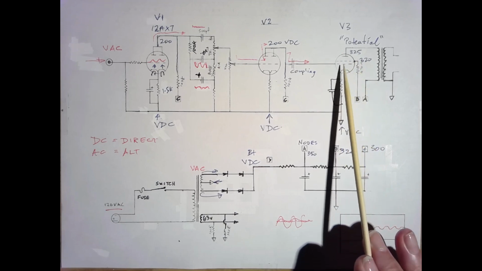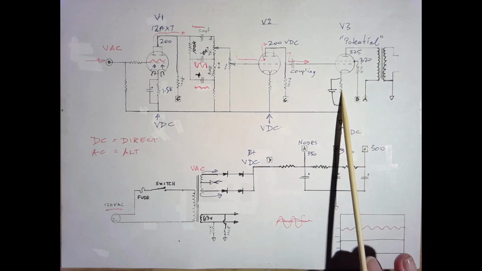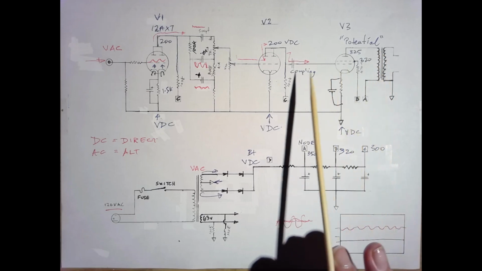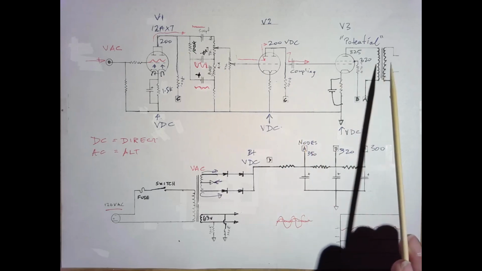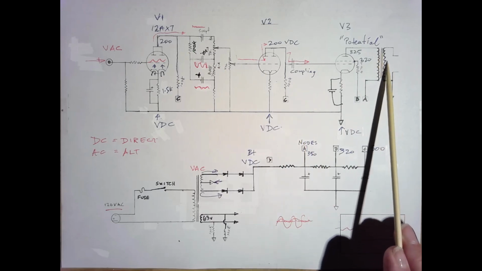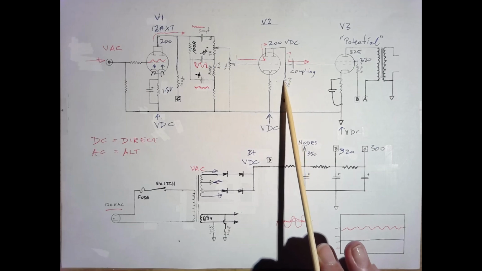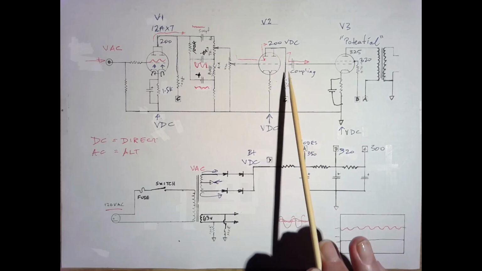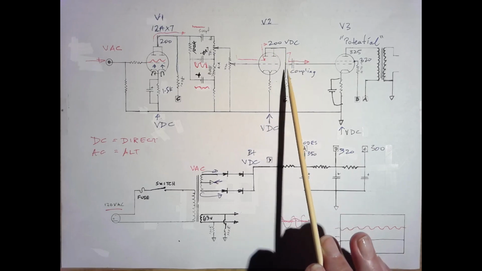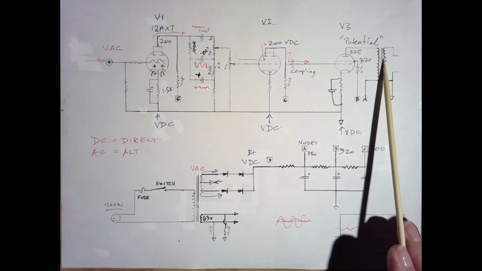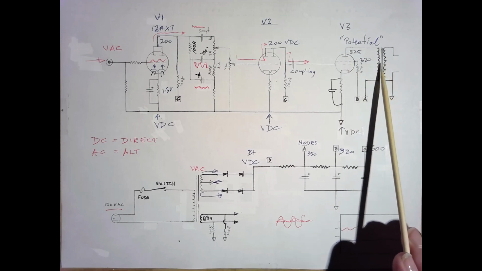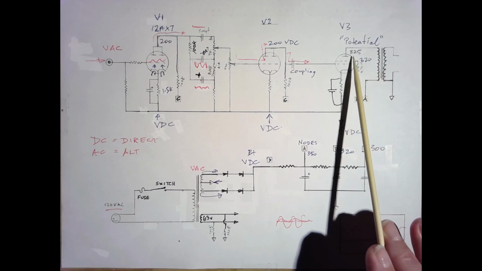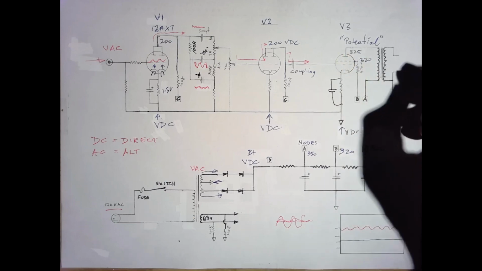Now there's a relationship between the output tube and the cathode resistor and the output transformer, just as there is in any of the other tubes, except what we have here is an output transformer taking the place of a plate resistor. This is our load here. This decides what the load is on the plates. So we have a balance going on between the output transformer, the output tube, and of course we have a speaker here.